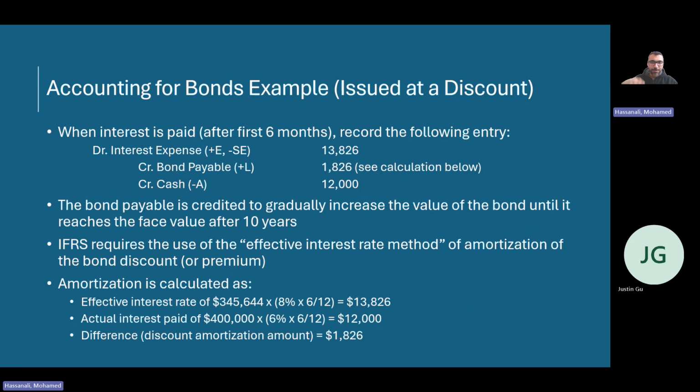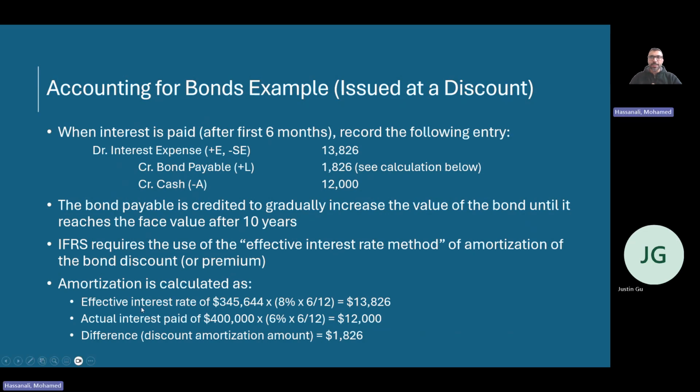Now in the effective interest rate method, which is the default method to use, you need to calculate what is the effective interest rate on this bond that you have issued. So not the actual cash you're paying in interest, but what you would have paid based on market rate and this actual amount that you've recorded as your liability.